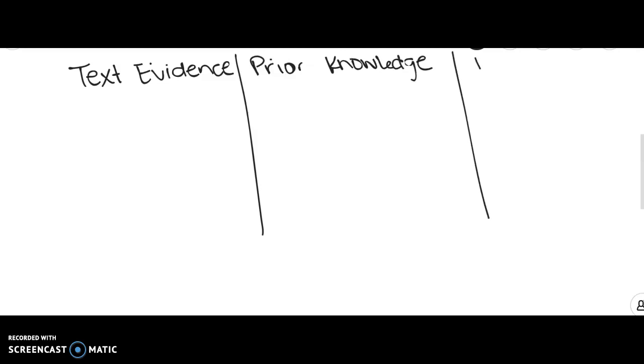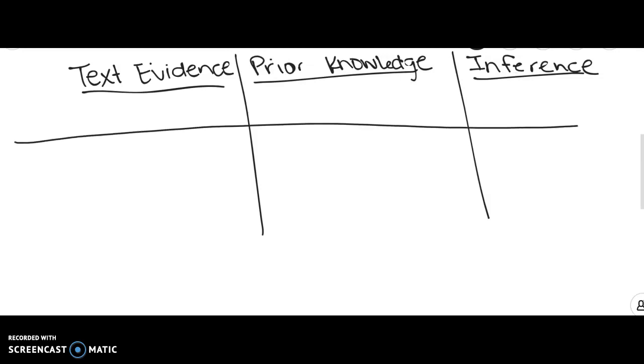And the third is your inference. So I will be making 4 different inferences with all 4 of our ways we can draw a conclusion. The first that I'm going to be working with is a feeling.